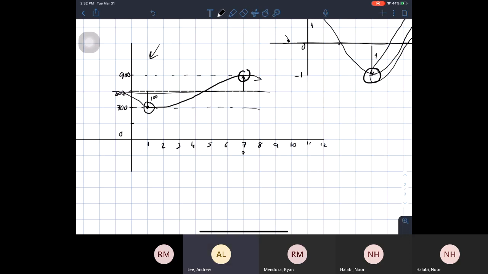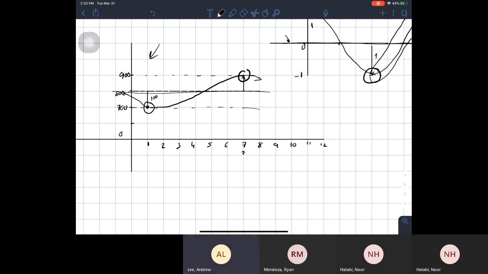Because I know a year has 12 months, but the graph can oscillate multiple times within a year. It just so happens that this one's period is 12 months, but sometimes that's not the case. For instance, if this section was shortened from 1 to 4, your period would be a little bit shorter.